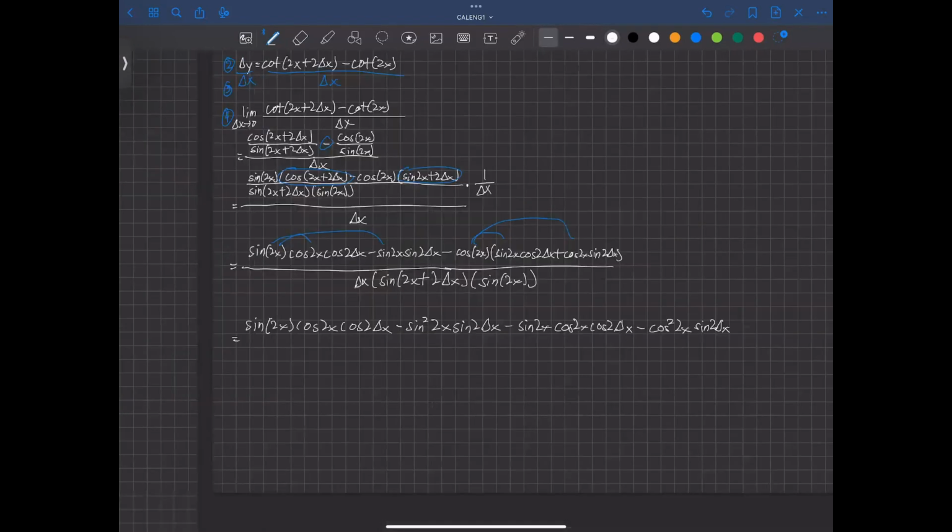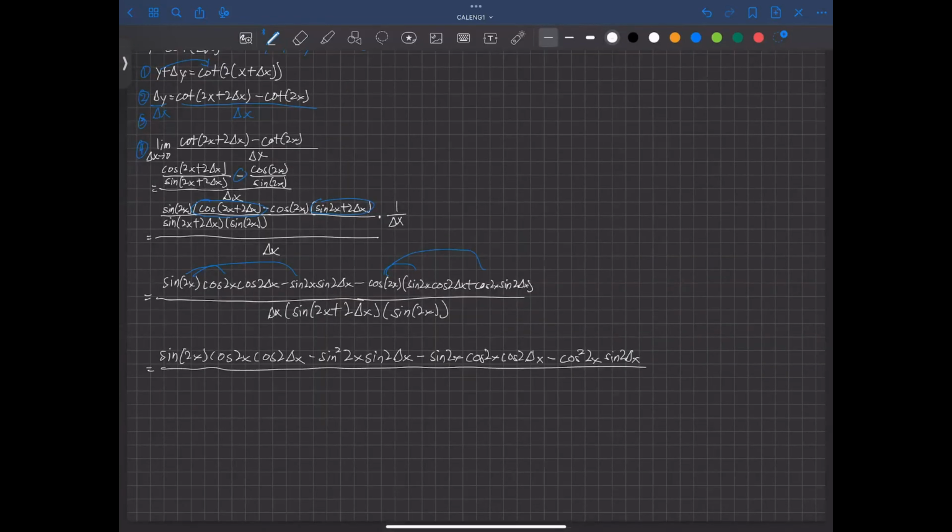That is once again all over delta x sine 2x plus 2 delta x sine 2x.